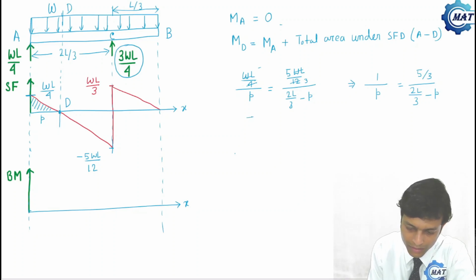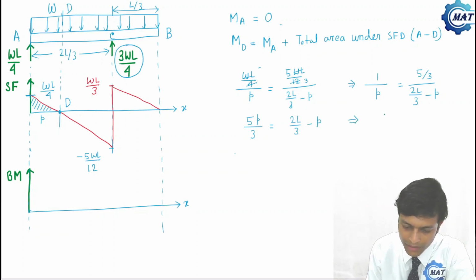That is 5p by 3 is 2L by 3 minus p. If we take p this side, that becomes 8p by 3 is 2L by 3, so p is L by 4.